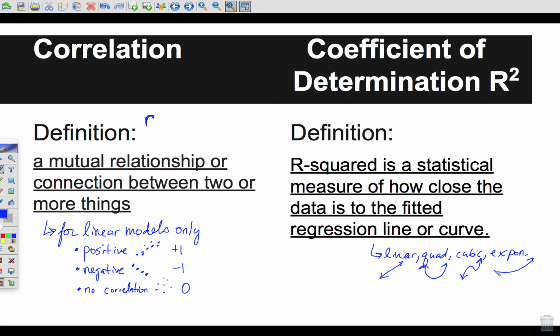So we're going to create an equation, and then the r squared tells us how close our data points fit to this line or this curve from the equation that we created. Okay? All right. So let's go on. Make sure you have these notes.